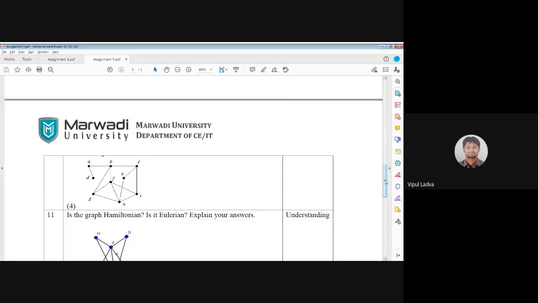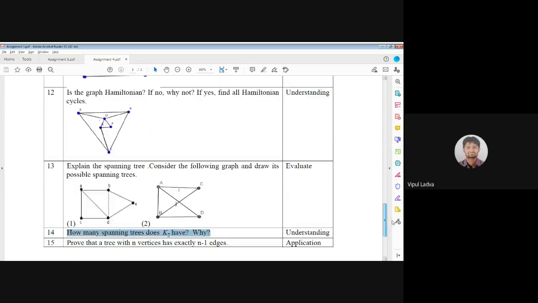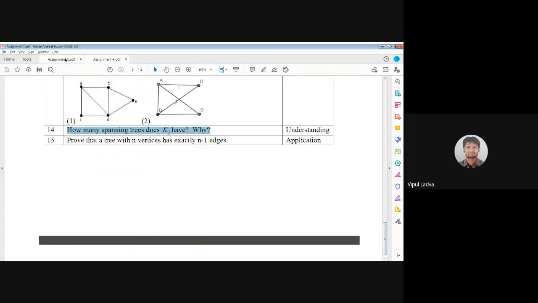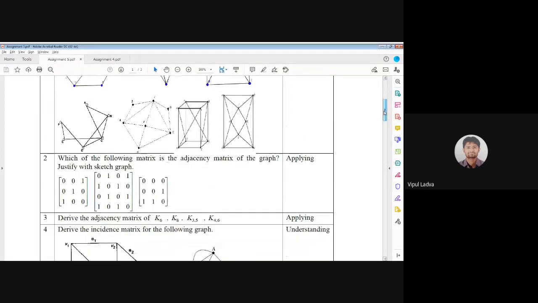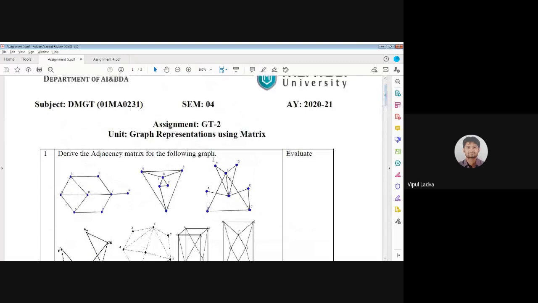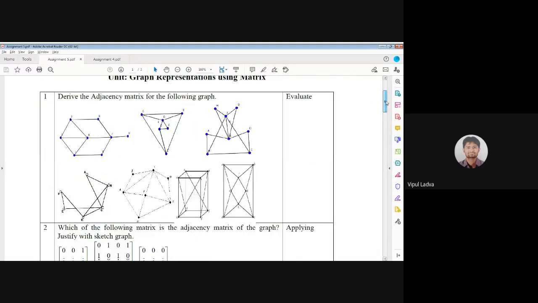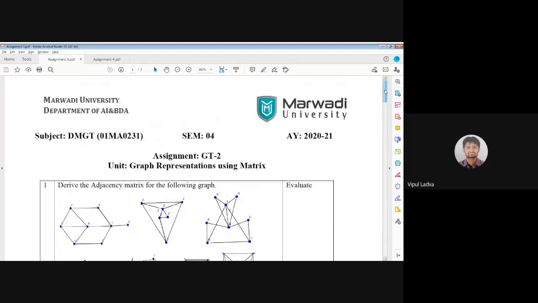Once we are done with assignment 4, we will switch over to assignment 5. I had already shared that file with you, but it's uploading over WhatsApp, and you will receive it within 1 or 2 minutes. So let's quickly discuss some of the questions of assignment 5. I'm going to share 3 different assignments based on graph theory. One is for unit 3.